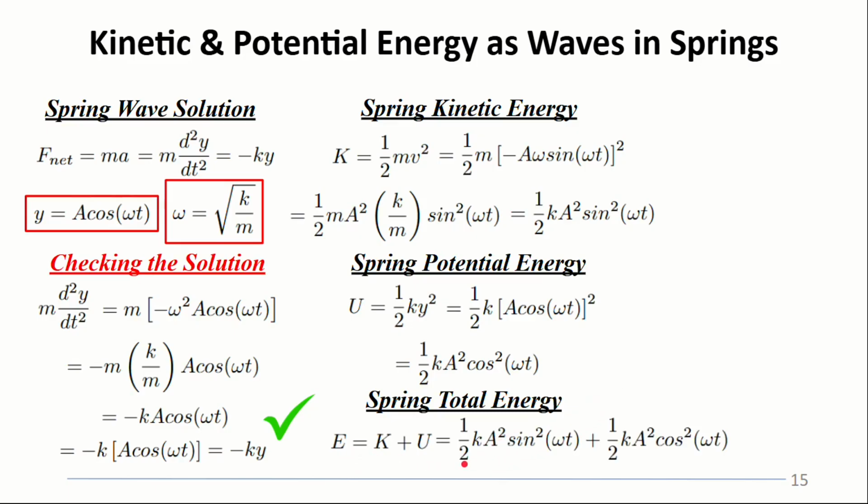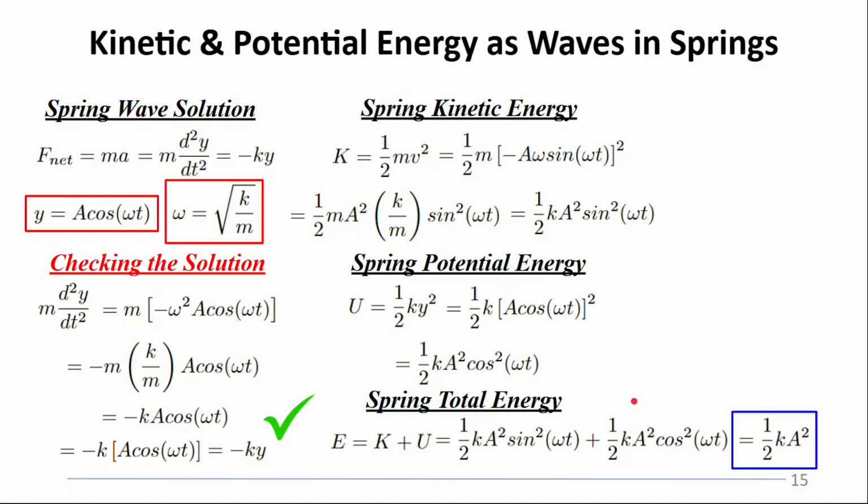And if we add this up, we see that we get this here, where we get the same amplitudes. We get 1/2 Ka squared here and here. So this matches up with this. And you might notice that if you did some factoring, you can get sine squared plus cosine squared, which we know is equal to 1.